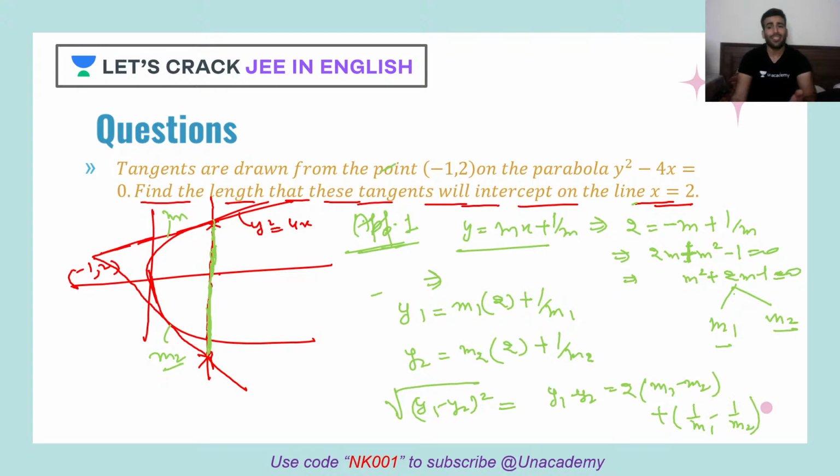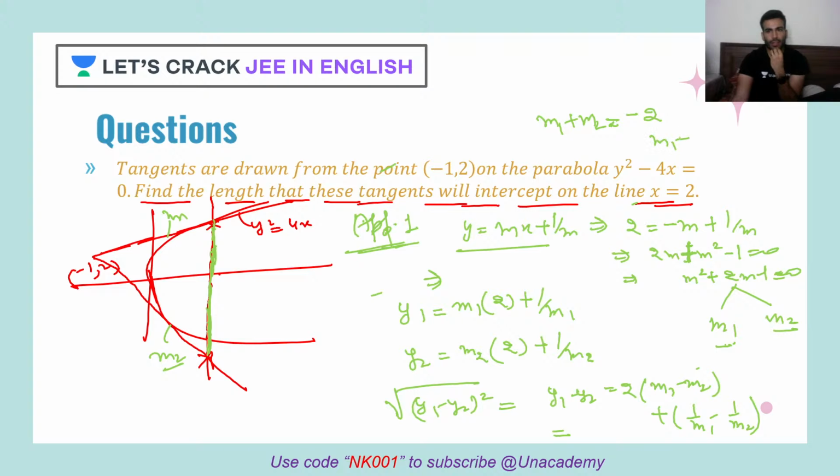Let's be smart, because this is quadratic. You can easily find the difference between the roots of this quadratic equation. So what is m1 plus m2? Minus b by a, so minus 2.